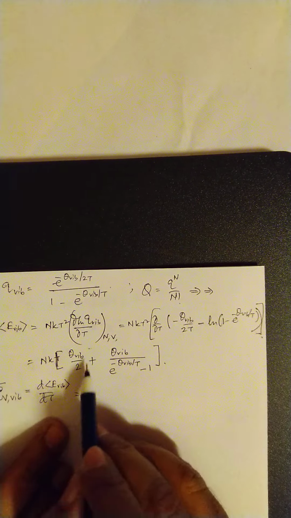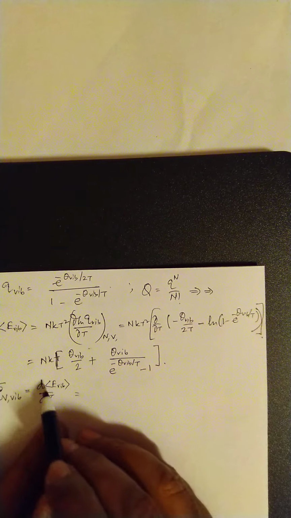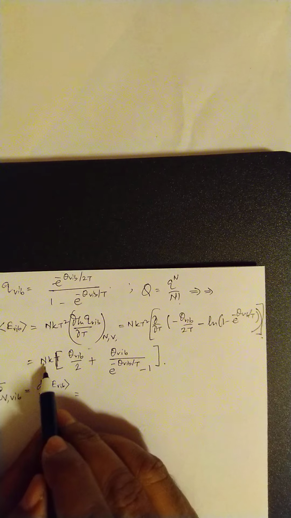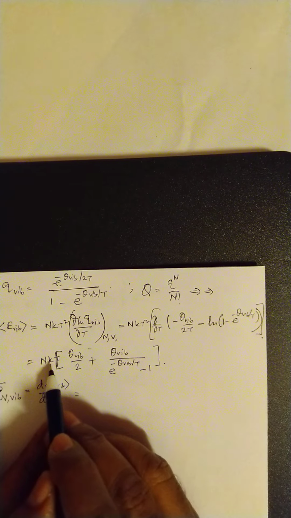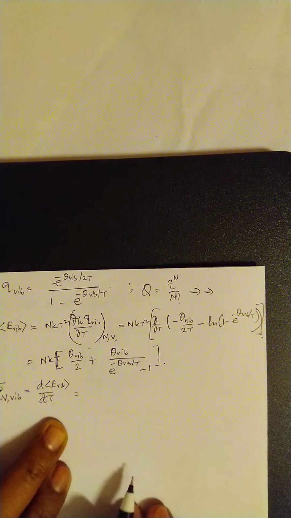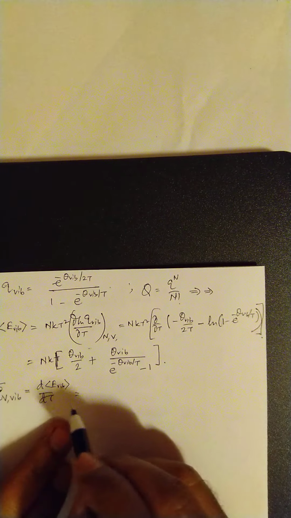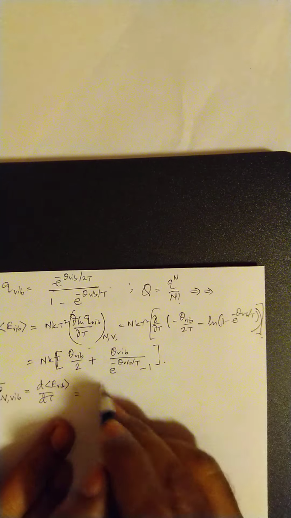You are differentiating this with respect to temperature and putting N equals N0, which means N0 times k becomes R, the universal gas constant. The constant part does not contribute in the differentiation, so this is the part that remains.